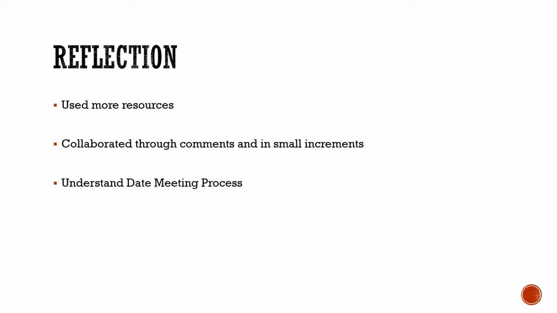We also used more resources in this data meeting. We were able to implement different strategies building on top of what we learned in our previous data meeting. We also worked in smaller increments this time, and collaborating using the comments really helped out with our conflict of scheduling.